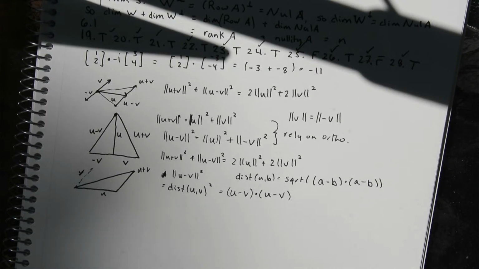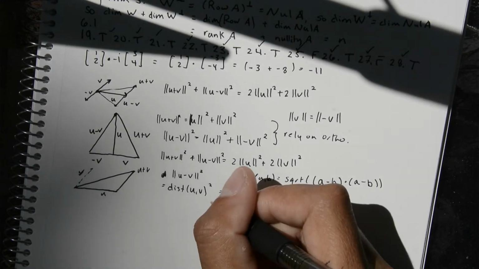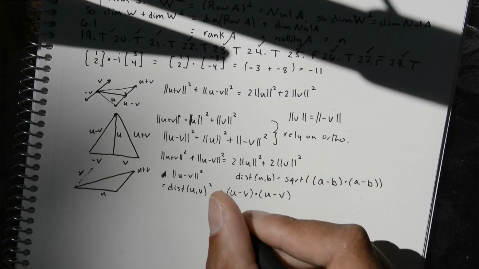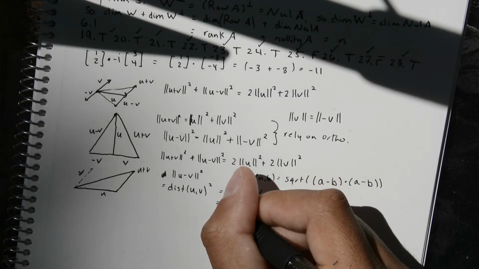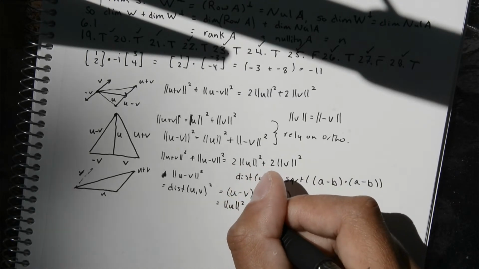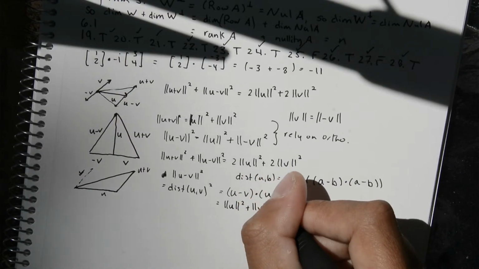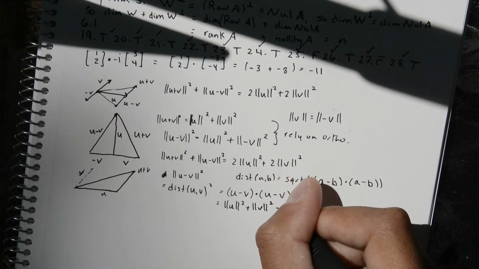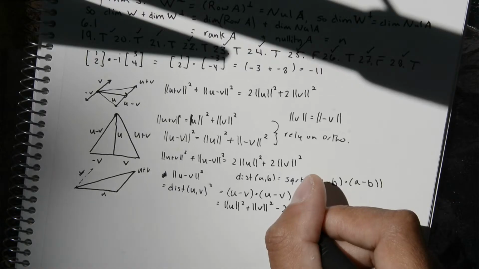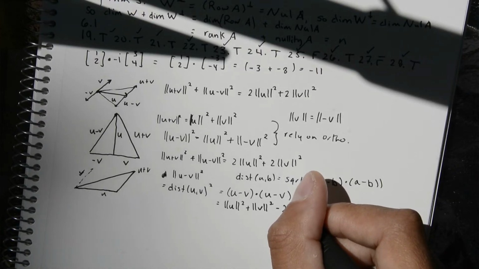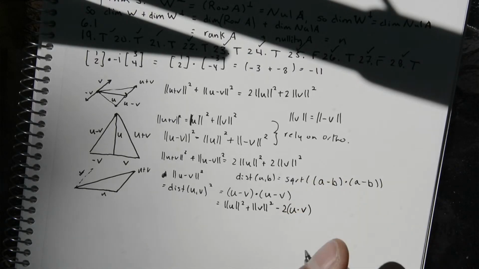So this is going to be equal to U squared plus V squared minus 2 U dot V. So that's nice.